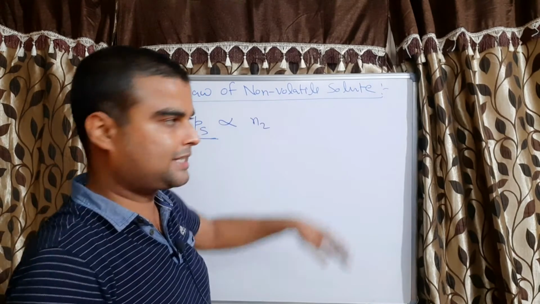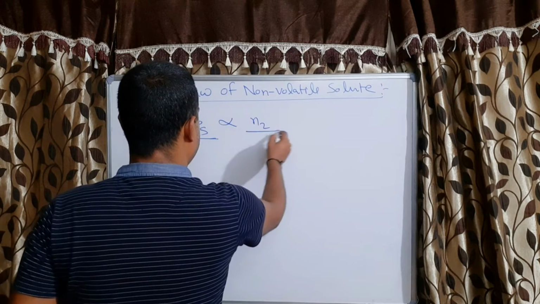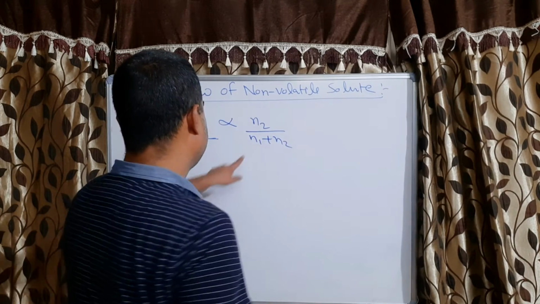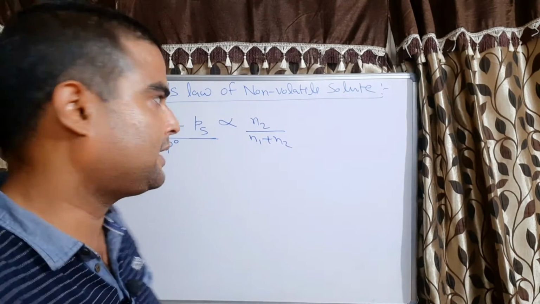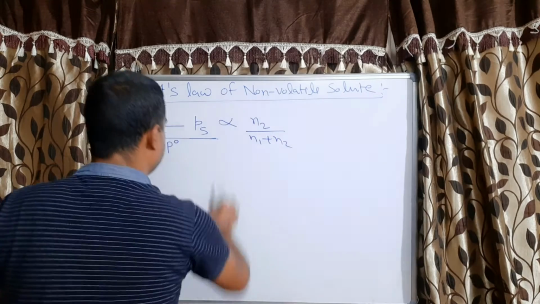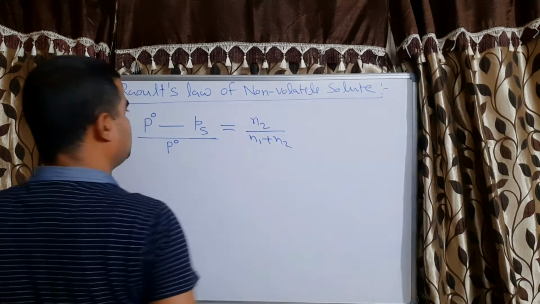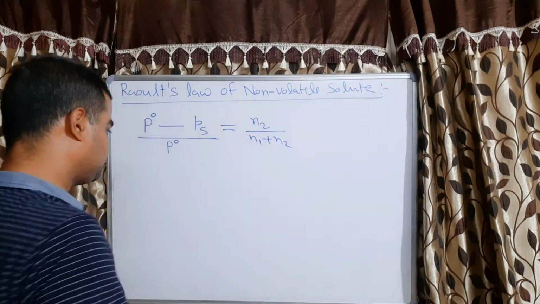So the mole fraction of this will be equal to N2 divided by N1 plus N2. What is N1? N1 is the number of moles of the liquid, correct? And it will be equal sign. So this is the relative lowering of vapor pressure.